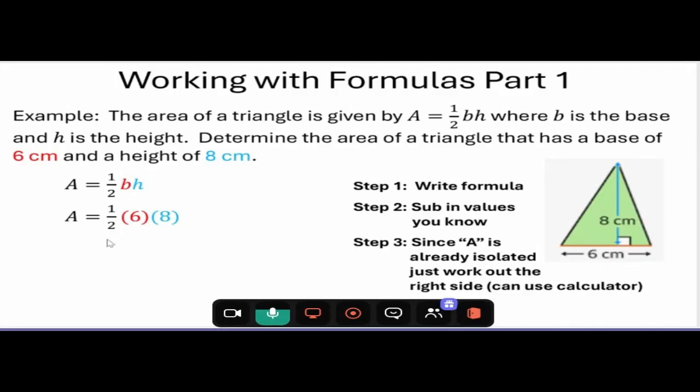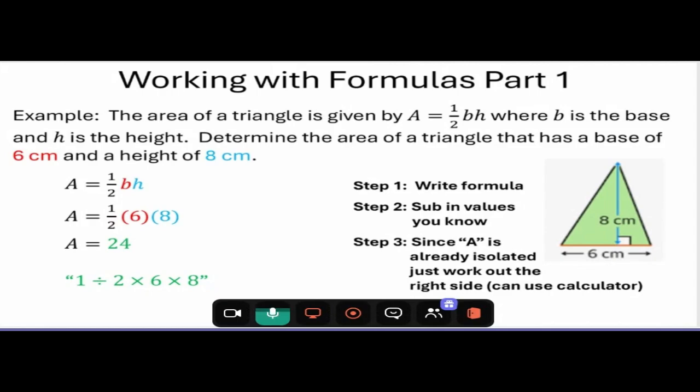You can do this in stages if you want, and you can do fraction work if you want, but once you're into this part of the course, you're allowed a calculator. So you can also just pick up your calculator. A half is 1 divided by 2. So punch into your calculator 1 divided by 2 times 6 times 8. And your calculator will tell you 24, just like that.